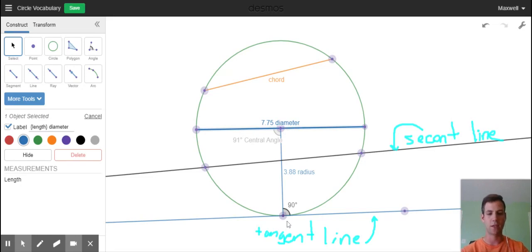We have a tangent line, which is 90-degree angle with the radius, hitting the circle at only 1 point. We have a secant line hitting the circle at exactly 2 points, going all the way through. And we had a chord connecting 2 points on the circle, going across it. And then we have a central angle where it is the angle made with the vertex being the center of the circle. And that covers circle vocabulary.